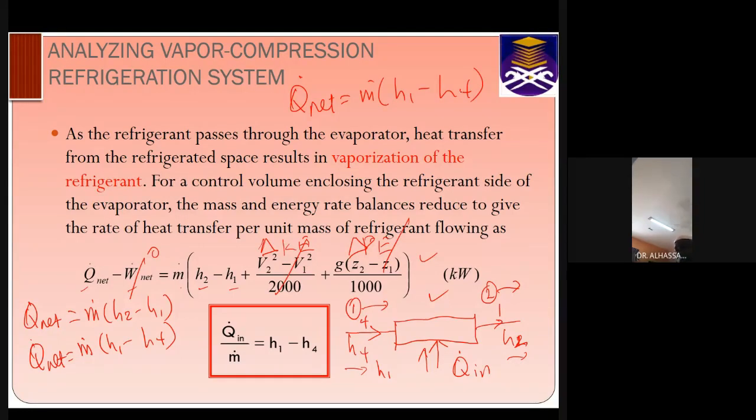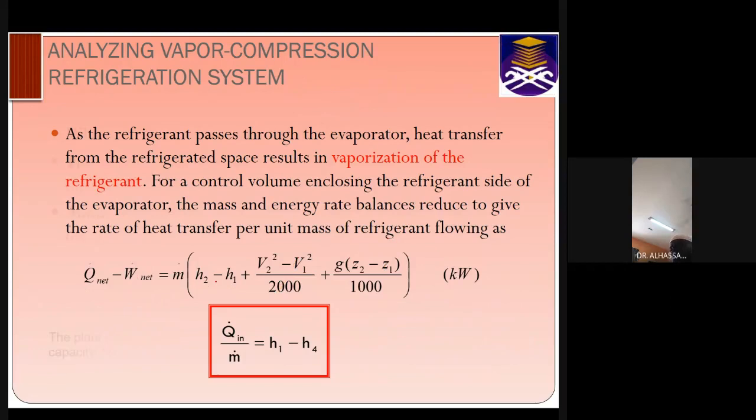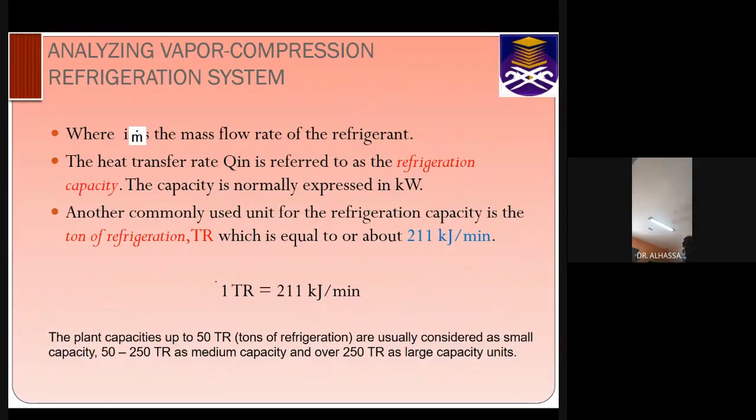It's the same thing. Or, according to the other equation, the final enthalpy minus the initial enthalpy, where m dot is the mass flow rate of the refrigerant.